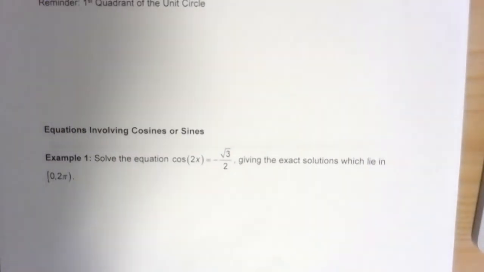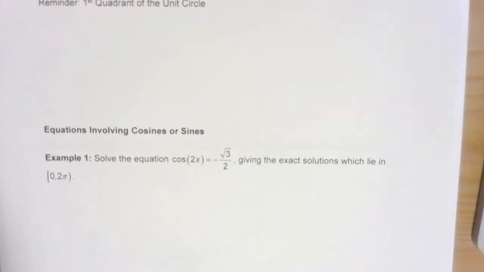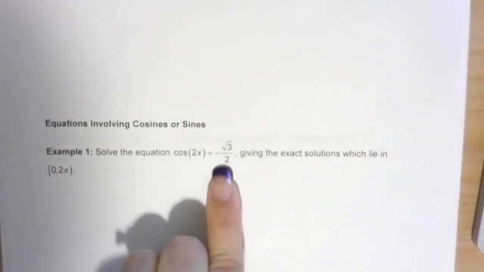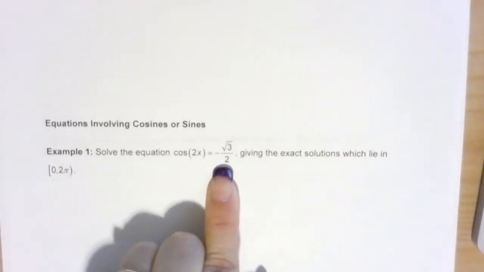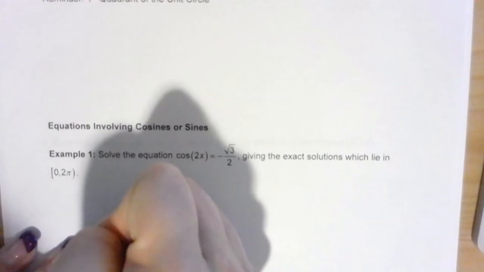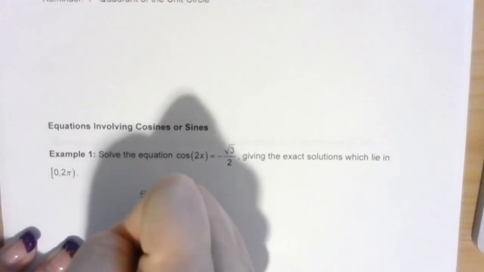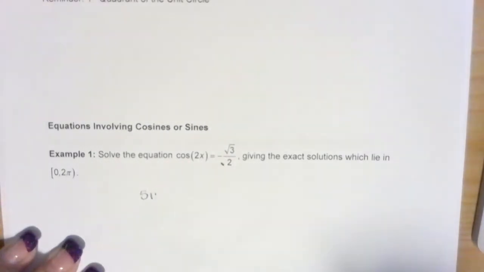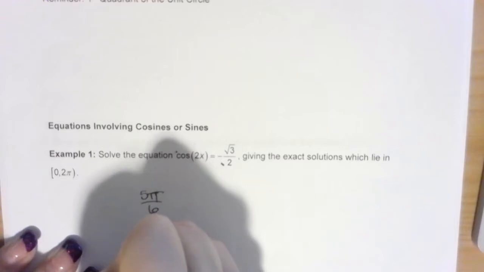So solve the equation cosine 2x equals negative square root of 3 over 2. The first thing we want to keep in mind is the square root of 3 over 2 for cosine. And in our unit circle, our first one is at 5 pi over 6, and our second one is at 7 pi over 6.